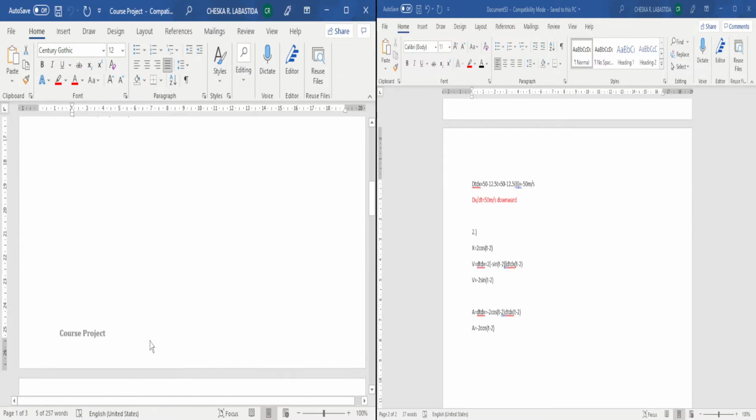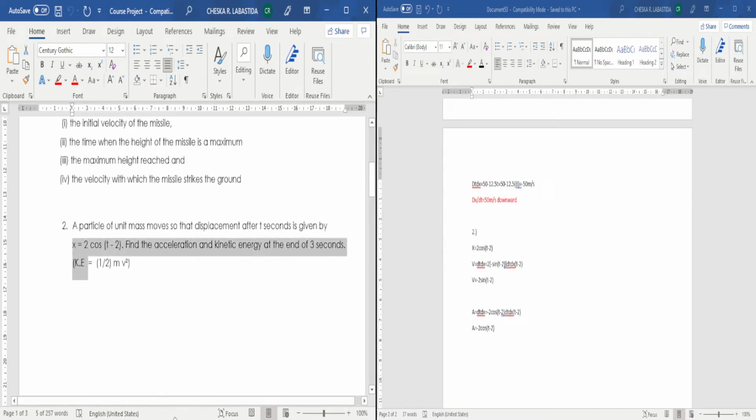And then, in order for us to solve the kinetic energy here, using the formula KE equals 1/2 mv squared, we need to substitute the value of the mass and velocity, which is 1 kg and negative 2 sine (t - 2), substituting the value of time, which is 3, which will give us 1.42. Let's try to solve that.